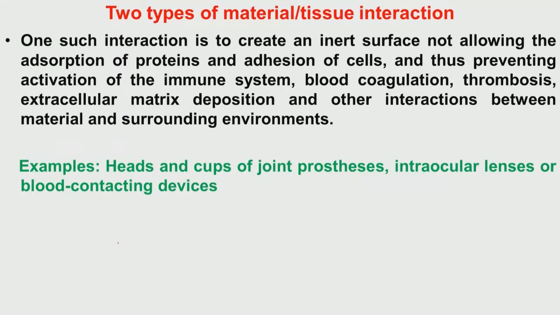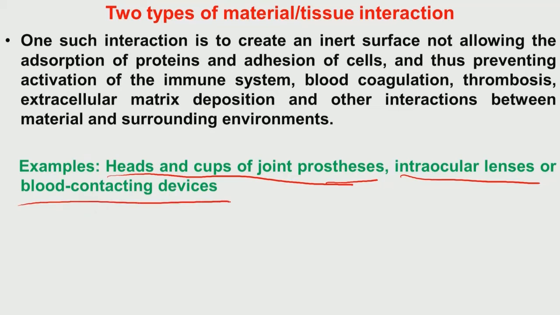Okay. Now, there are two types of material or tissue interaction which are important. One interaction is to create an inert surface, not allowing the adsorption of proteins and adhesion of cells, thus preventing activation of the immune system. Examples of these are heads and cups of joint prostheses, intraocular lenses, or blood contacting devices.